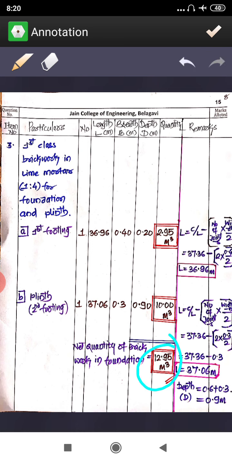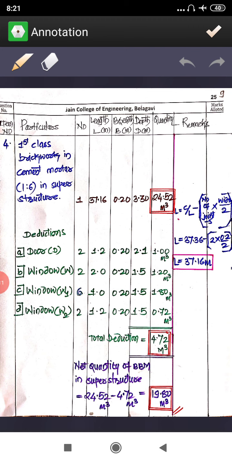Now we come to the last item, that is first class brickwork in cement mortar 1:6 in superstructure. The length is 37.36 minus two junctions into half of width. The width of the wall is 0.2, so half of 0.2 is taken.